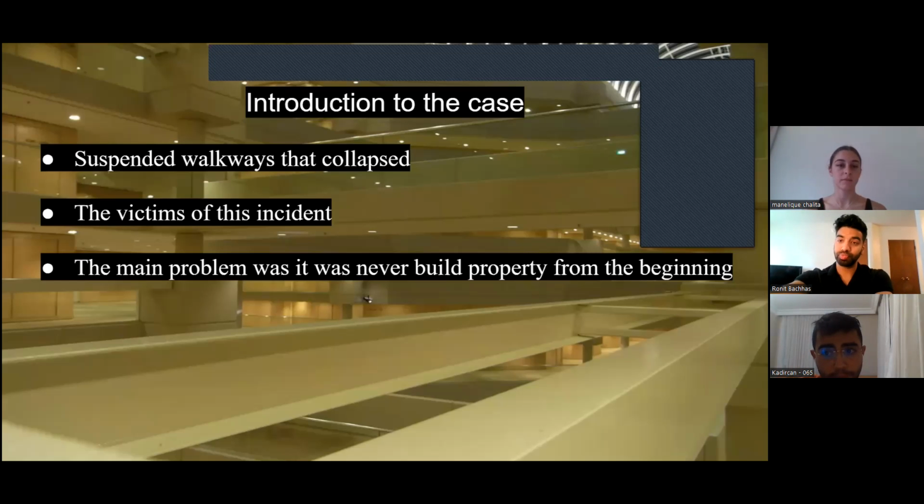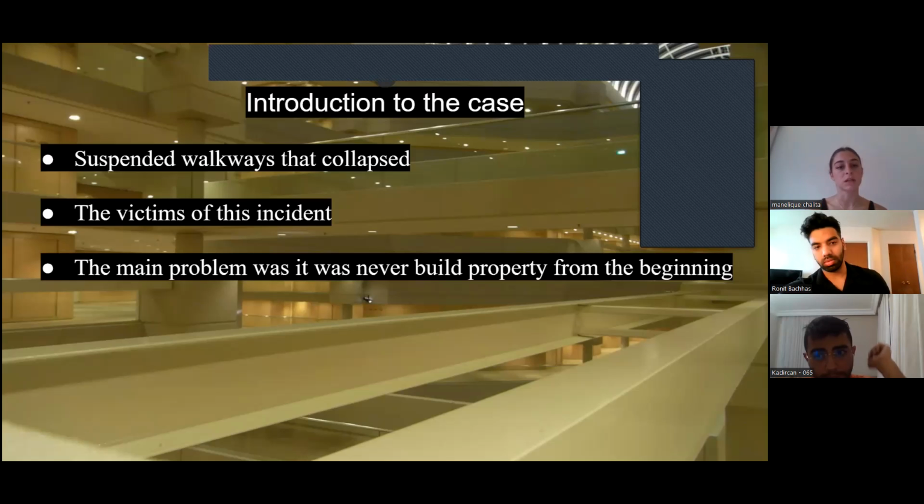So I'm just going to be starting this by introducing what this case is. Basically, on July 17, 1981, a date to remember in the hotel industry, one of the Hyatt hotels suffered a significant loss of their guests in an accident that killed over 115 people and injured 200 plus people.